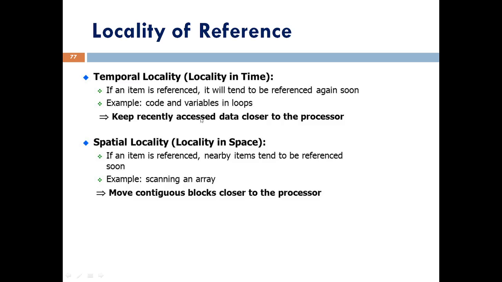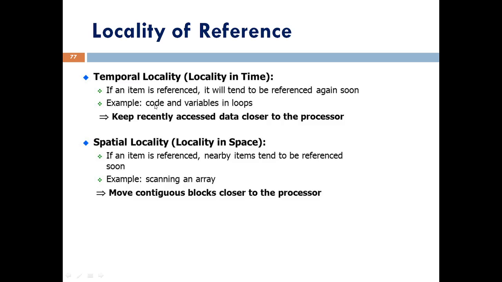So it keeps recently accessed data closer to the processor. So here temporal locality means the current data or instruction which is being fetched may be needed soon. So we should store that data or instruction in the cache memory so that we can avoid searching again in the main memory for the same data.